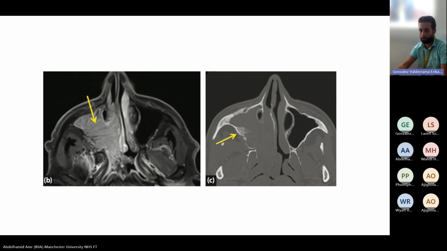An inverted papilloma has on the MRI this cerebriform striated pattern, and on the CT scan it will have some osteitic changes, probably where it's originating. It is a locally aggressive pathology that can differentiate into SCC.